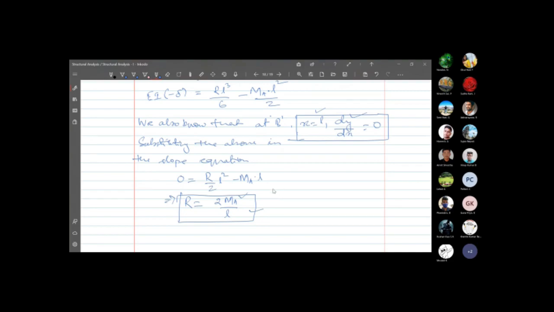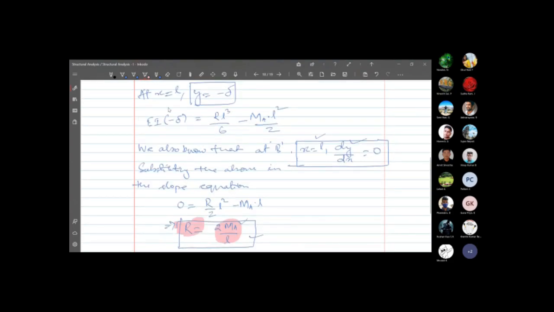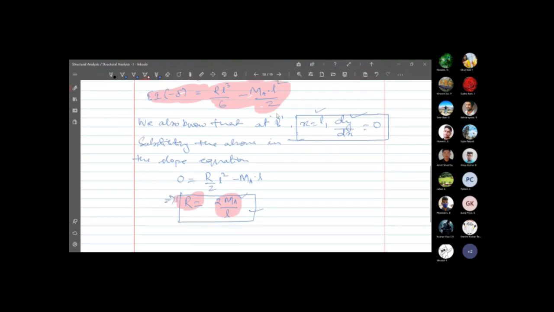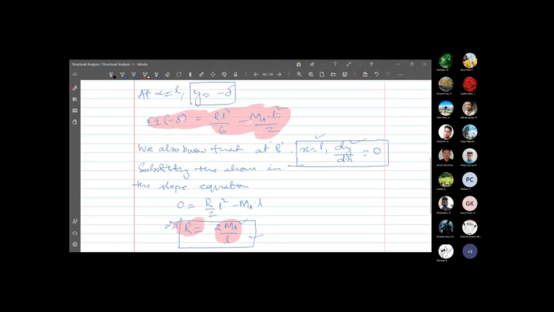Ma is the fixed end moment. Now, if I put this value of R in this equation, what will I get? Please put that value in this equation.